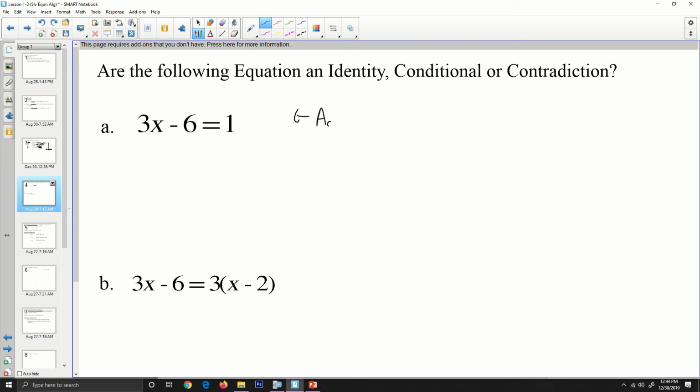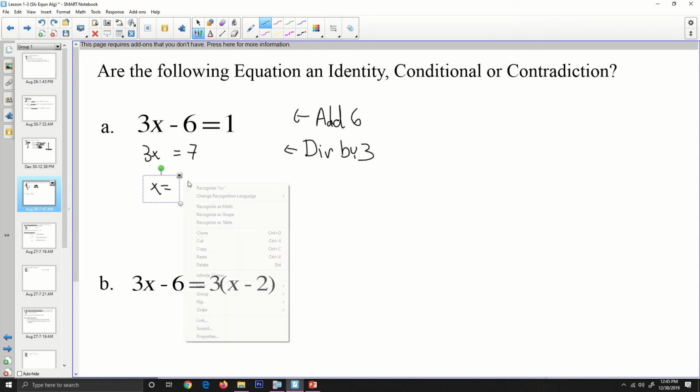We're going to add 6 to both sides, and we'll get 3x equals 7. And then we're going to divide by 3, and I'll get x equals 7 over 3. That is a single value, so this is conditional.